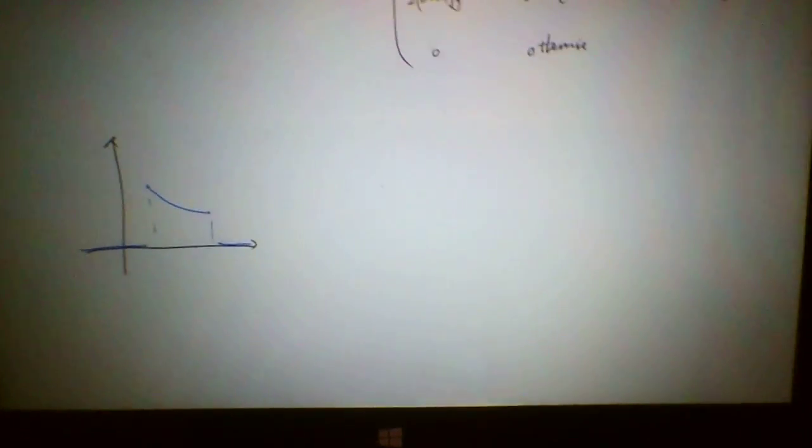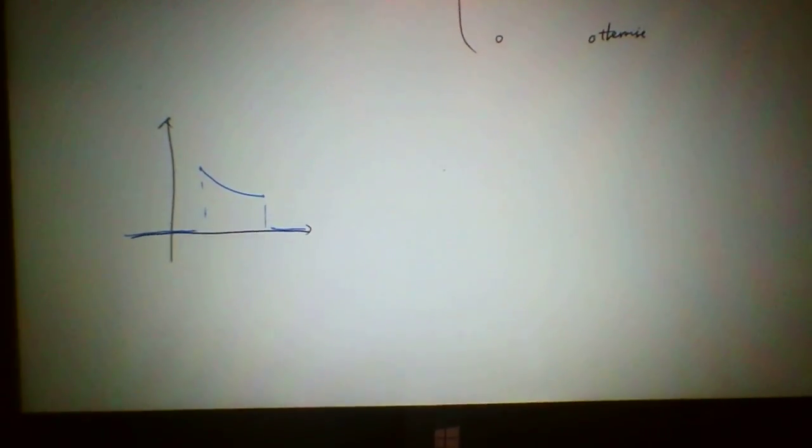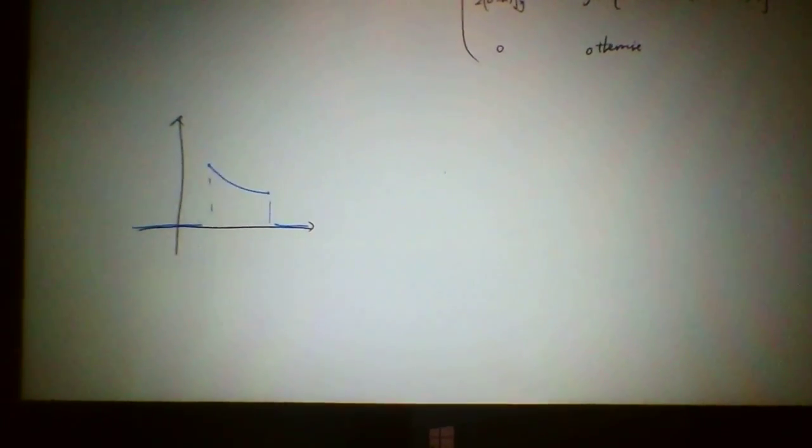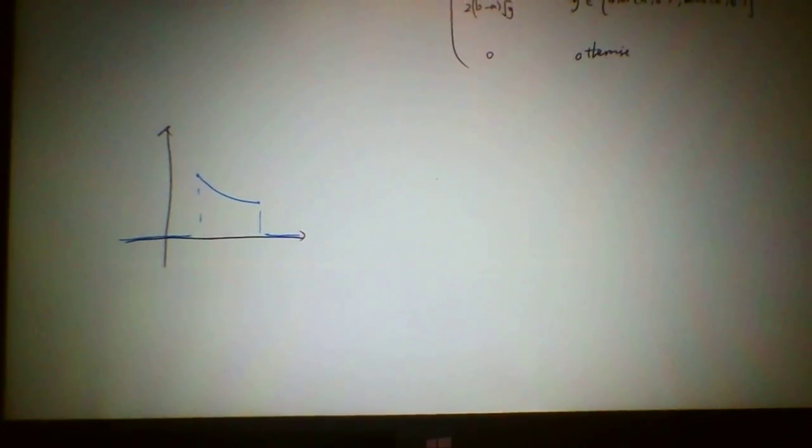For the first one, let's use another color. The left-hand end will be A squared or B squared, depending on which is smaller, and the right part will be A squared or B squared as well, depending on which one is larger.